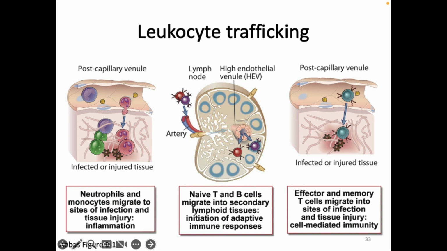But the same process, which involves a T cell being in the blood and then leaving a blood vessel, is the same process that neutrophils use if they want to leave a blood vessel and go to a site of inflammation.